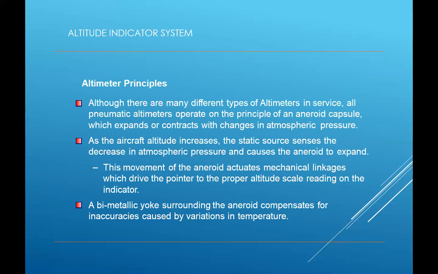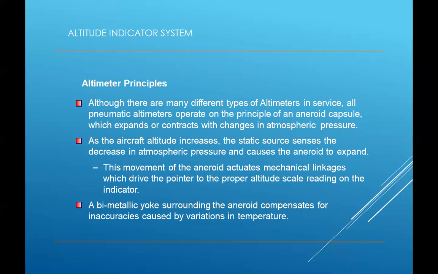Altitude indicator system. Altimeter principles. Although there are many different types of altimeter in service, all pneumatic altimeters operate on the principle of aneroid capsules, which expand or contract with the changes in atmospheric pressure. As the aircraft altitude increases, the static source senses the decrease in atmospheric pressure and causes the aneroid to expand.